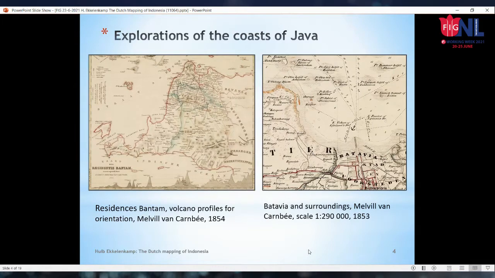On the right map, it's the approach to Batavia. The ships entered from the south, and so they had to turn in this bay, and one of the first islands they met was the Isle of Onrust, where all the ships were repaired, and you see that on the map. It's from 1853.